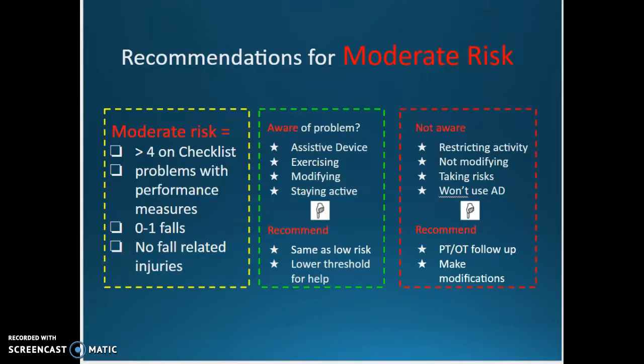They're in the green box. Others are not aware, so they have not taken any advice on compensating. They might be the ones who feel like they're not at risk because they're very careful, in quotes, which can be code for restricting activity, lowering their activity level, growing weaker, and increasing their risk for falling.